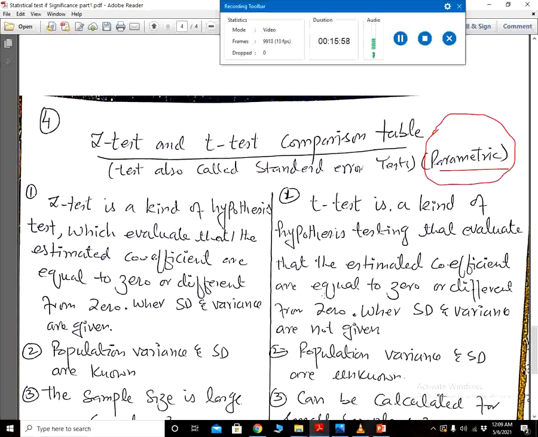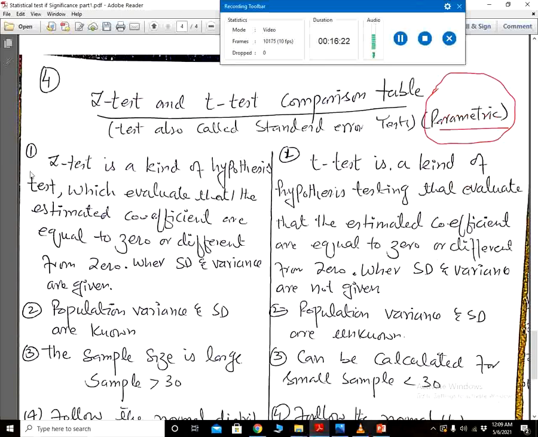That's why these are called parametric tests. There are some other tests. If the residuals are non-normal and beta naught cap and beta 1 cap are not normally distributed around their mean with constant variance, then we will use the non-parametric Wilcoxon test, a very well known non-parametric test.